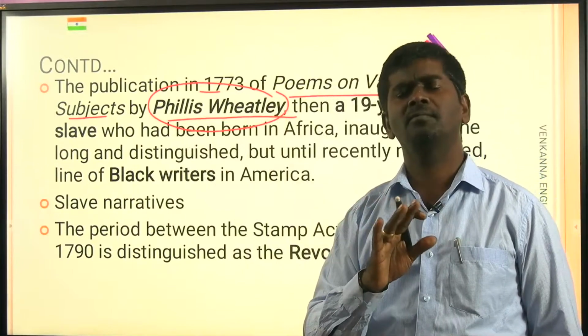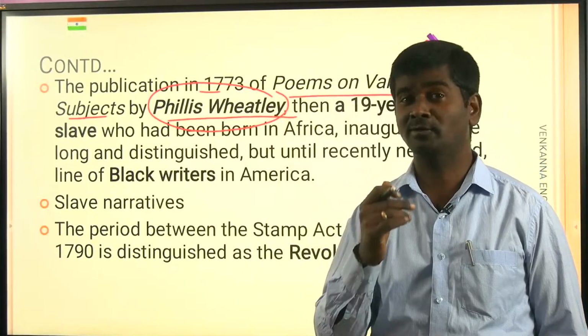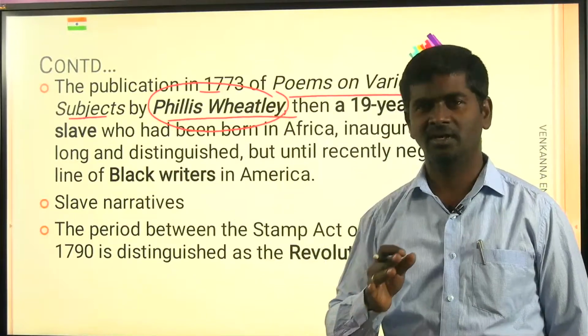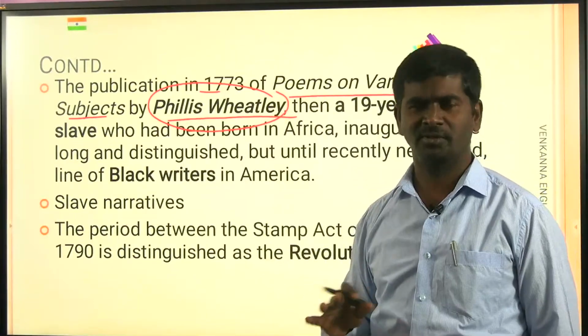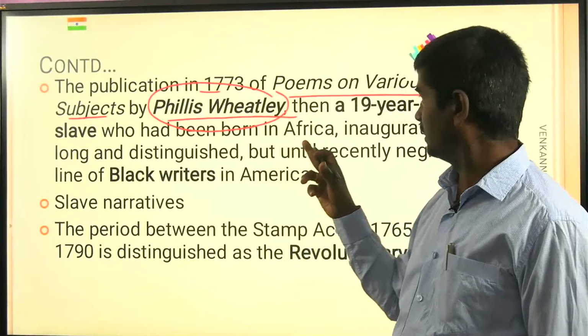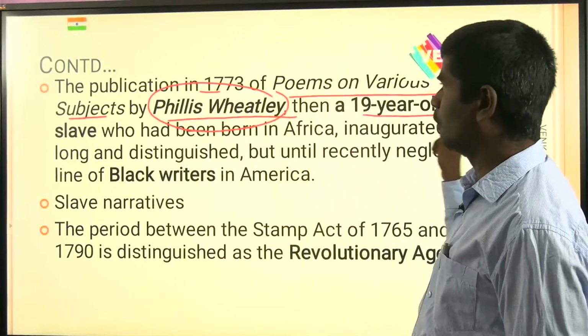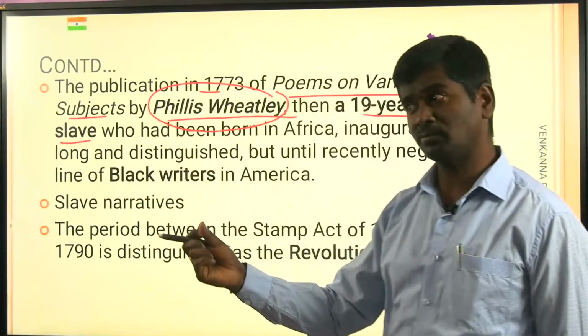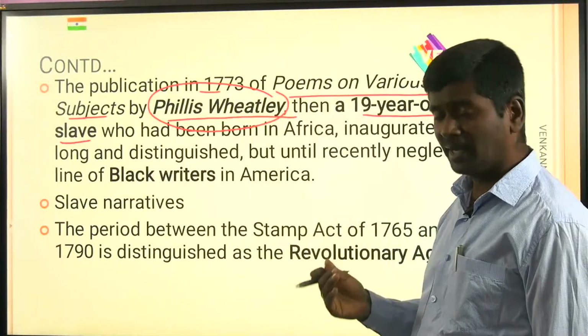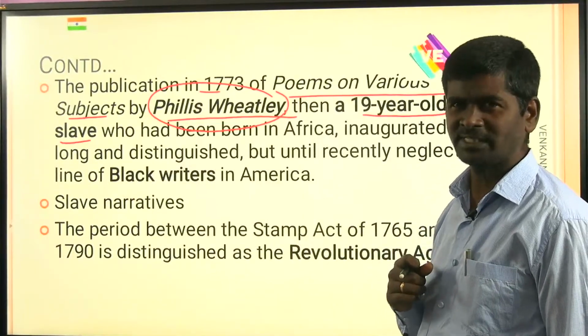You could find it more than half a dozen times once you refer to previous question papers of the UGC-NET and SET examinations across India. Phillis Wheatley was a 19-year-old African slave, brought from Africa and made a slave on the American continent.